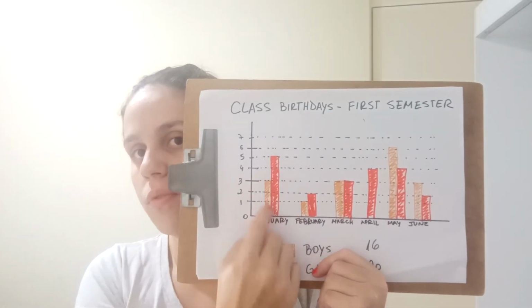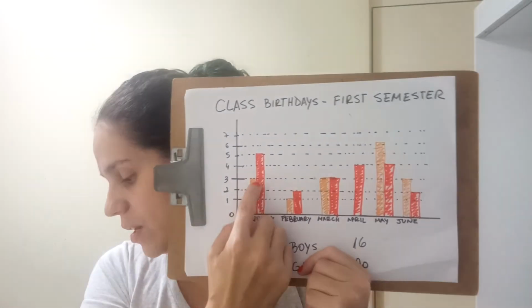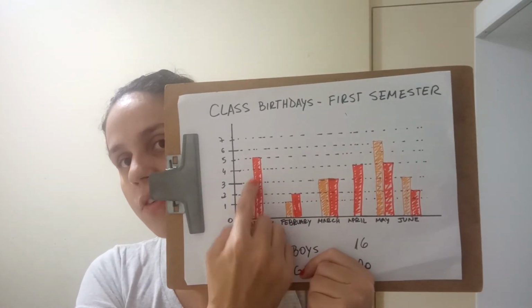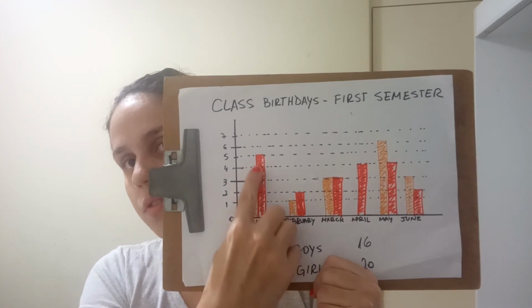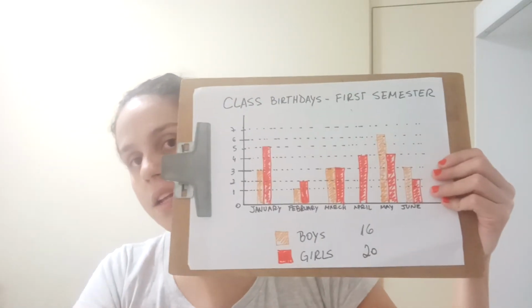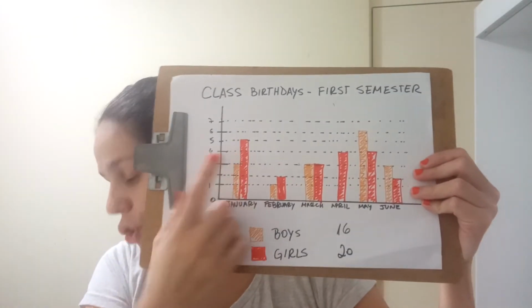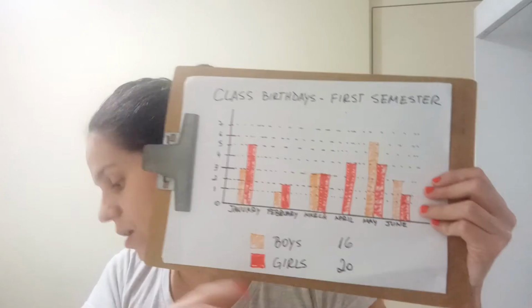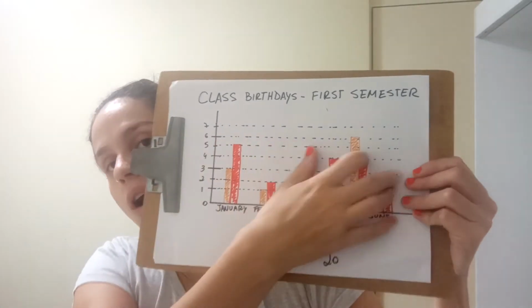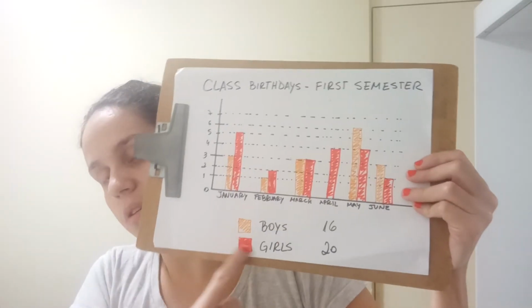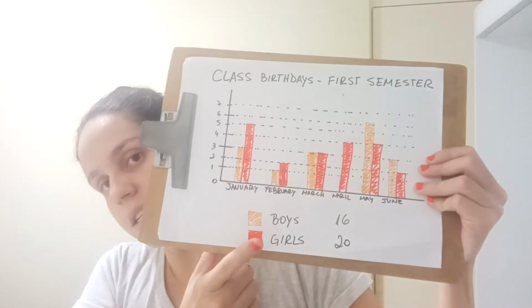And then you make here, you define the information. And in January for girls is 5. So you make all this, and then you color. You choose one color for boys and one color for girls. And after you color, you draw this part here. So this is the last step.